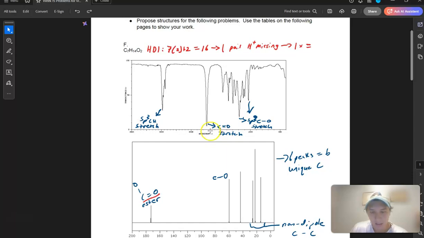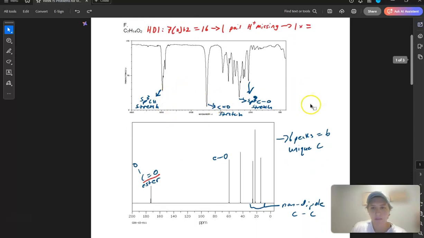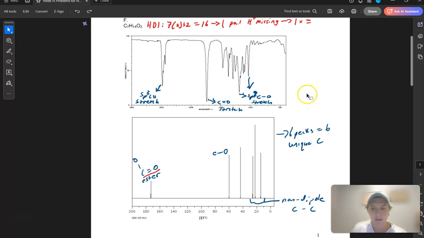Go over here, we see the common carbonyl stretch at about 1720, I guesstimated, it looks like. And then you continue on, see between 1000 and 1200 a couple of tetrahedral CO stretches. So it kind of looks like we might have an ester, but we'll keep going and see what the carbon-13 NMR shows.